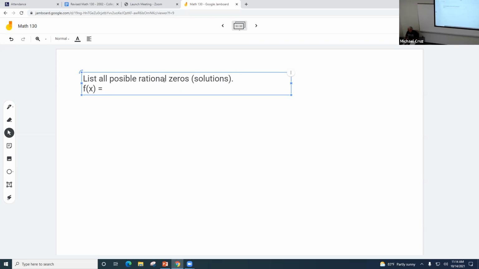So when we had those cubics, I was setting x equal to 0 to find the y-intercept, and the way you find the x-intercept is you set the whole function to 0, and then generally you factor it.